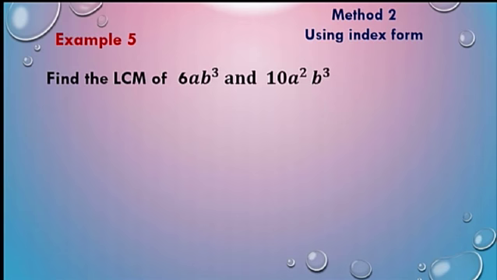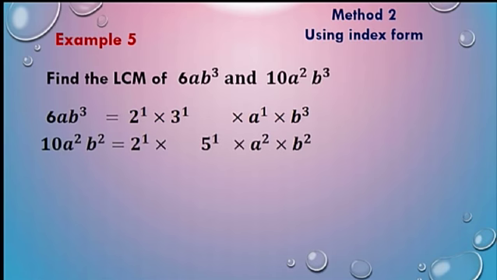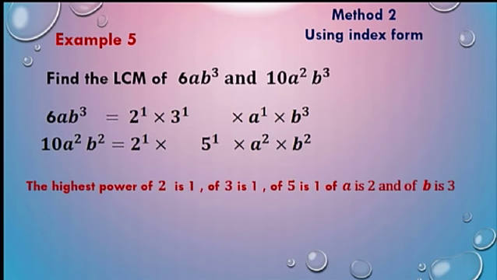Okay, we have the algebraic terms with the integer values. We write the integer values in index form, then the algebraic terms. So the LCM here is to take one element from each column, but the element with the highest power.